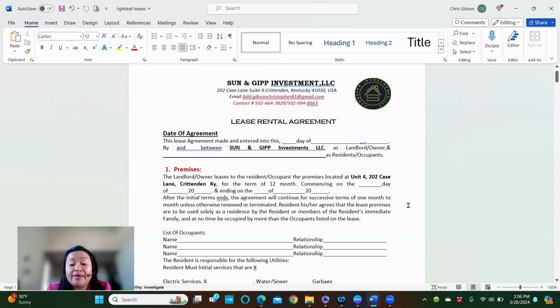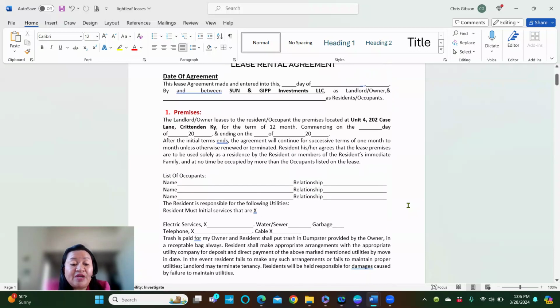So that's the way we write it in our rental property.